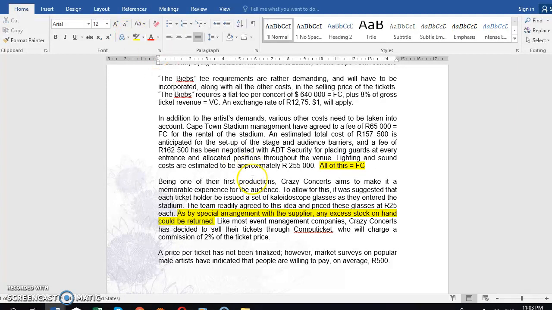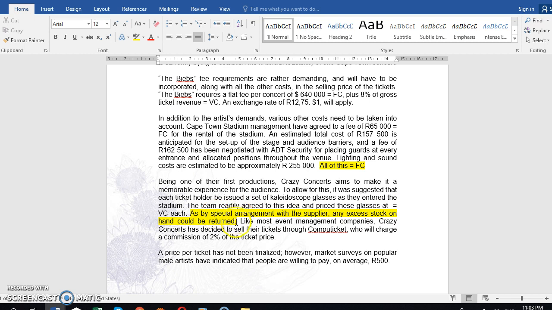It says that by special arrangement, any excess stock on hand could be returned. In other words, they may buy 10,000 glasses, but if only 5,000 people attend, they can give the 5,000 back to the supplier and only pay the supplier for the 5,000 that were actually given to the attendees. So therefore you can see that these glasses are driven by the number of attendees, and therefore this is also a variable cost.